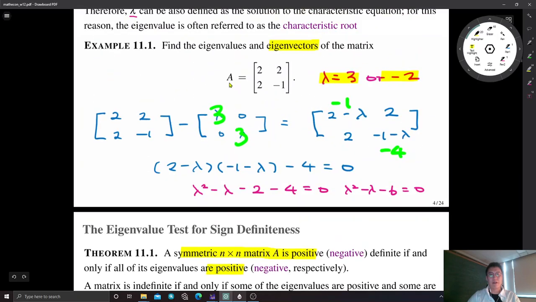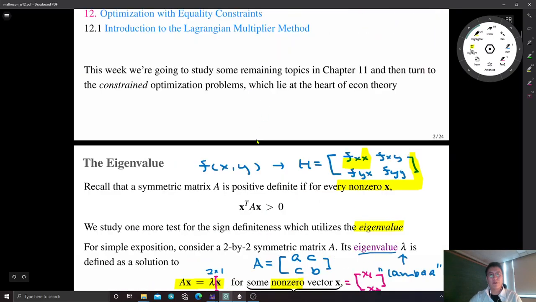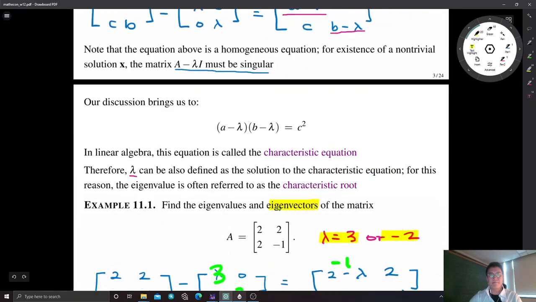Okay. So in the previous example, we have one positive value and one negative value. So this matrix is indefinite, meaning that a quadratic form generated by this matrix may take a positive or negative value, depending on this vector x.